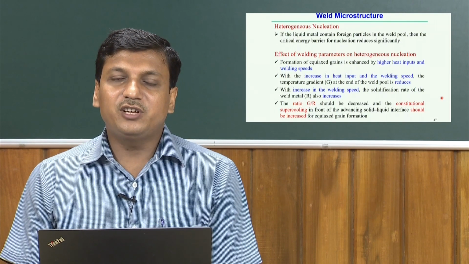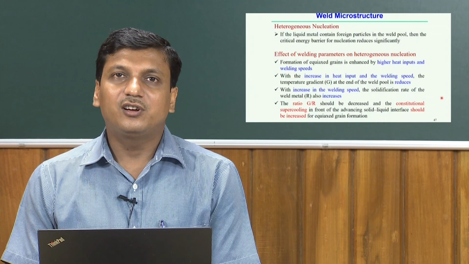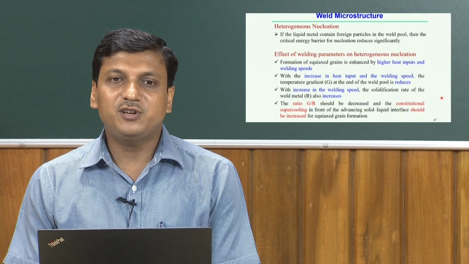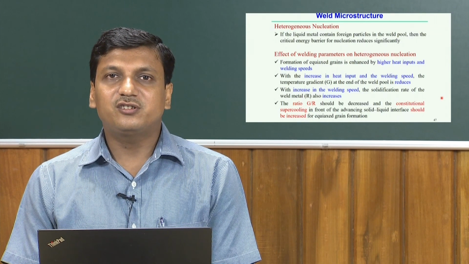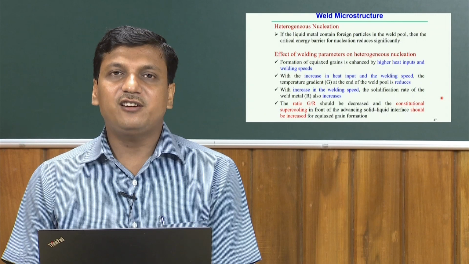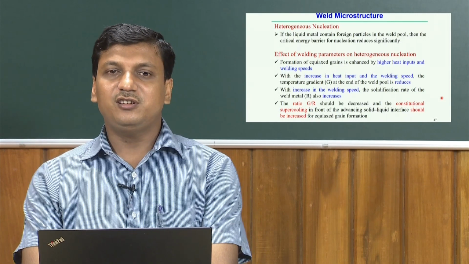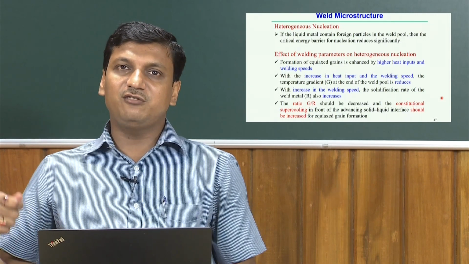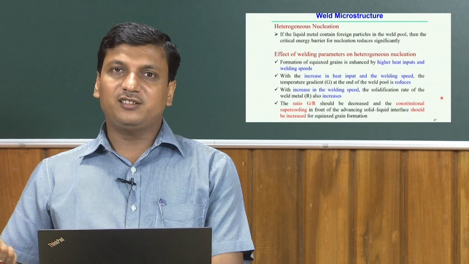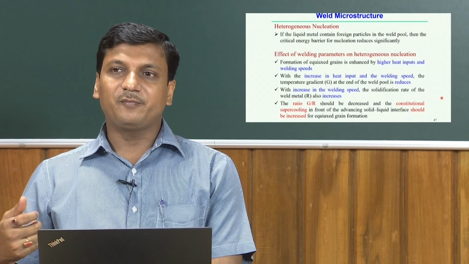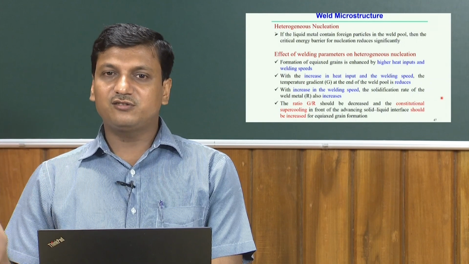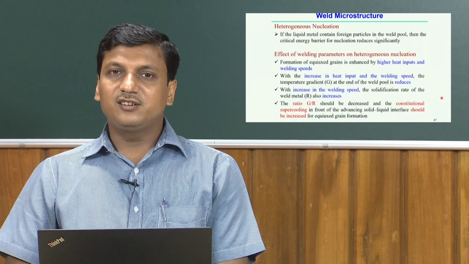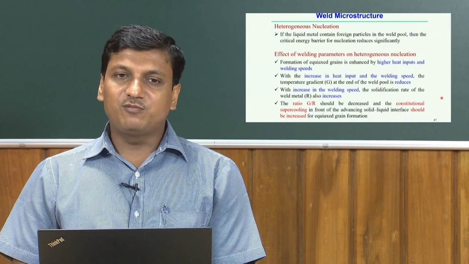But with the increase in heat input as well as welding speed, the temperature gradient at the end of the whirlpool is reduced. Although the heat input is very high, at the same time the welding speed is also high, which reduces the temperature gradient in the whirlpool.